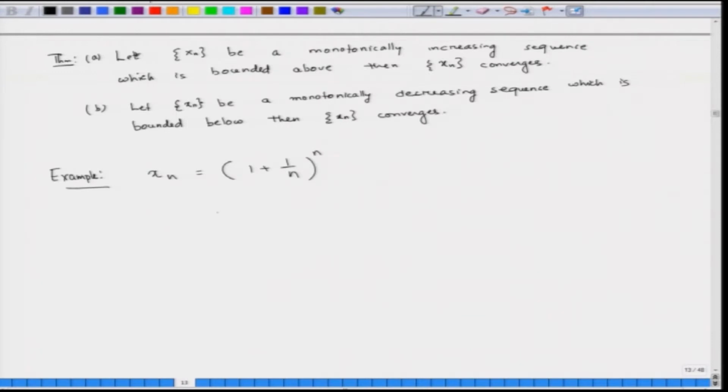We know how to expand this by the binomial theorem.